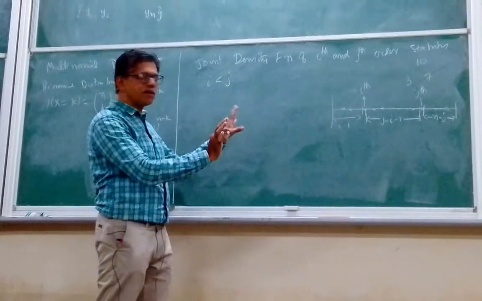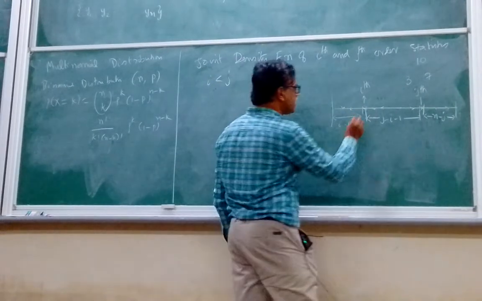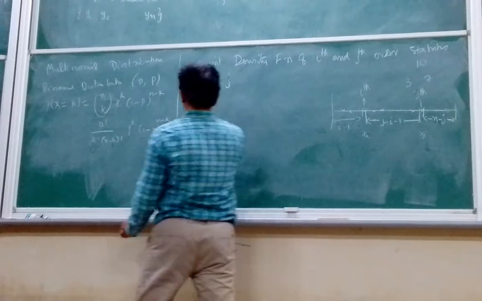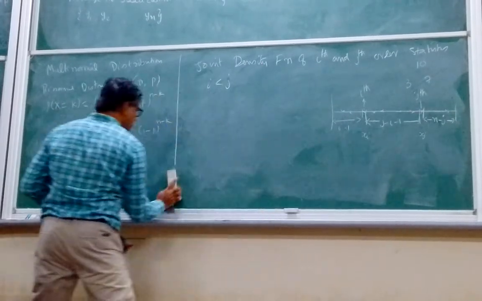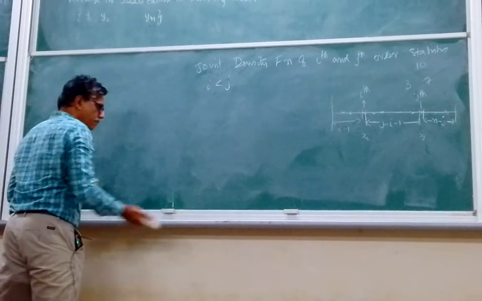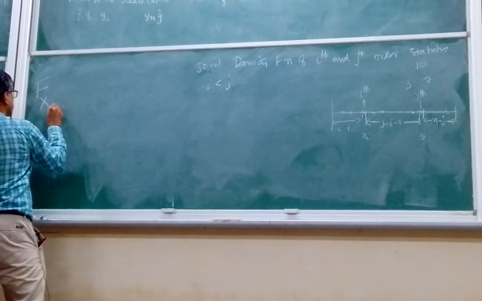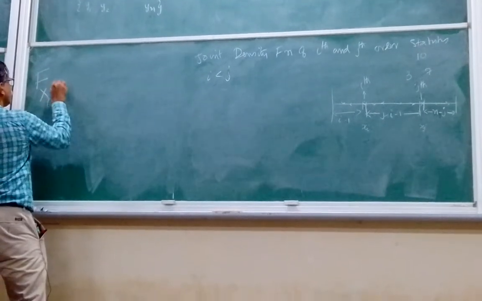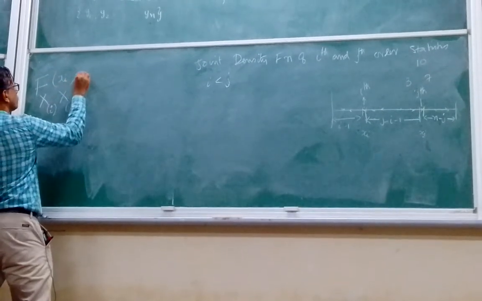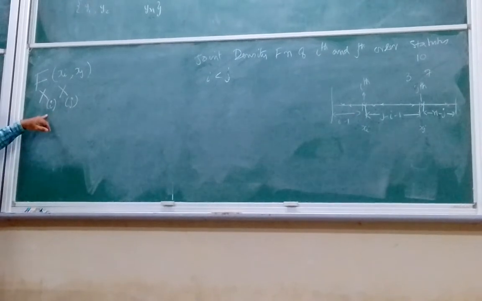So if this occurs, then the ith one will take this value. Okay, we will call this xi. This is xj. So we are interested in finding the joint density function, which we will denote here using the order statistic notation.